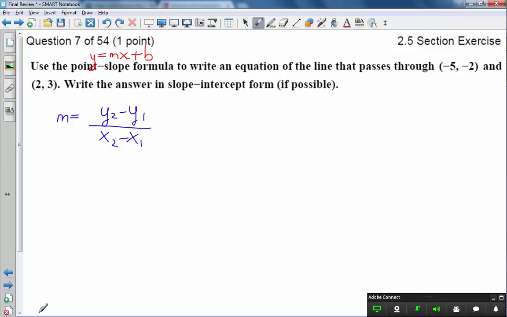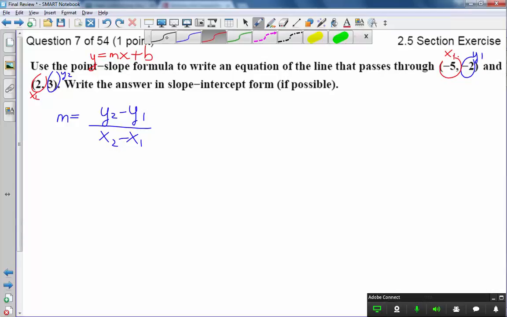You can assign y2 to anything you wish. So can I call this y1? Then this has to be y2. And x2 will be the other one, and x1 will be this one. So subtract those numbers.